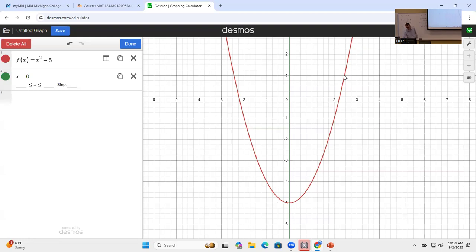it's identical. Every point over here, reflected across the y-axis, produces a point over here. Every point over here, reflected across the y-axis, produces a point over here. Matching.